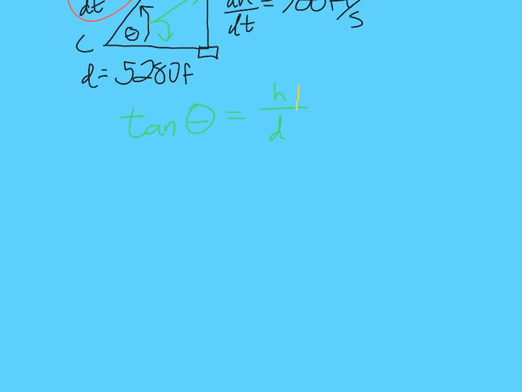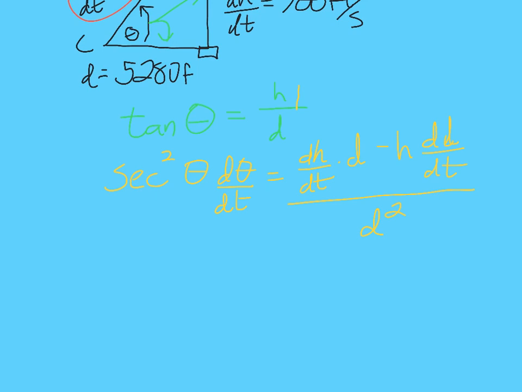So now I'm going to take the derivative of tan theta, secant squared theta. It's not time, so we put in our d theta dt. On the right hand side, we have quotient rule, so I'm thinking dh dt, because the derivative of h is 1 dh dt times the bottom minus the top times the derivative of the bottom, which would be dD dt, all over the bottom squared.